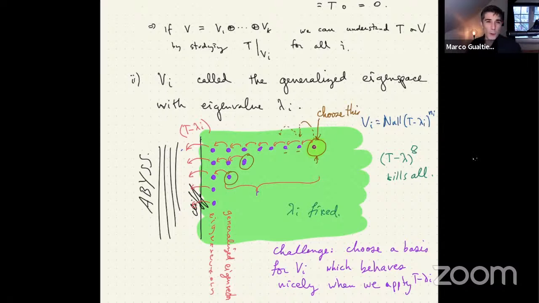So I'm just trying to explain the way that you choose a basis so that when you write the matrix, it looks organized, so that each vector will be just sent to another basis element and another basis element and so on.